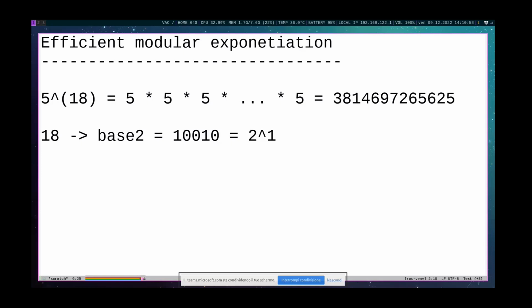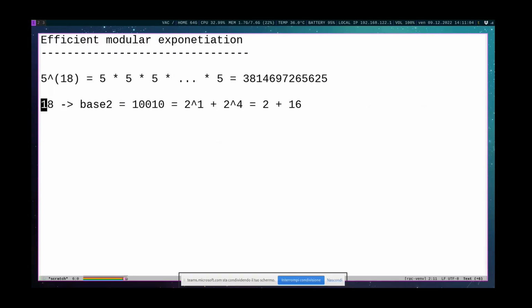This is 2 to the 1 plus 2 to the 4. That's 2 plus 16, and that's 18. It's the same thing. So I can rewrite 18 in powers of 2, using the binary representation.